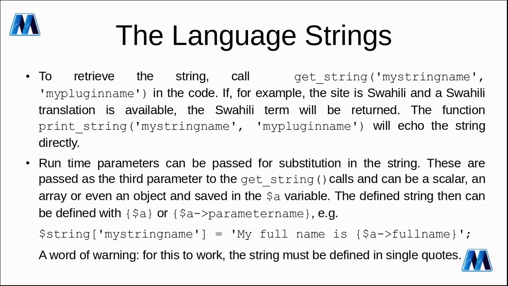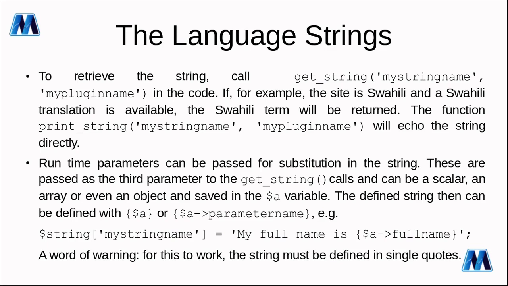And so then you can define the variable in your string. For example, there I've got an example on the screen. My full name is {$a->fullname}, and what you have to remember is it's always enclosed in curly brackets for it to work.